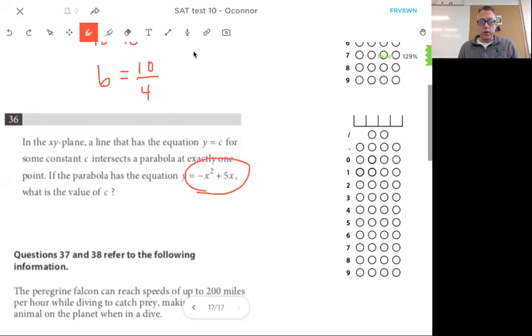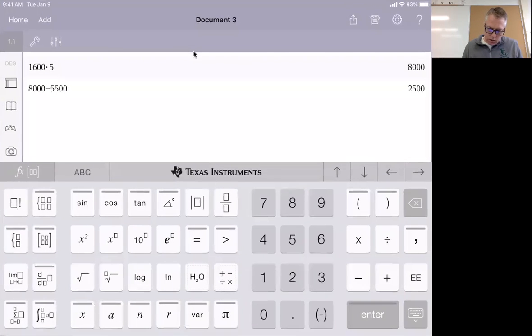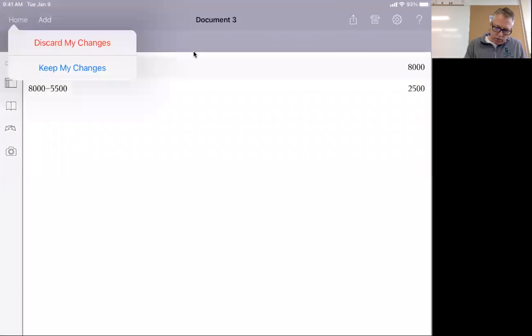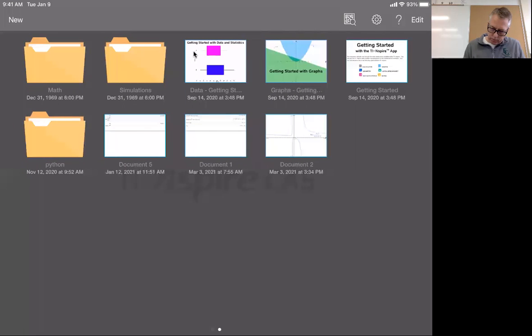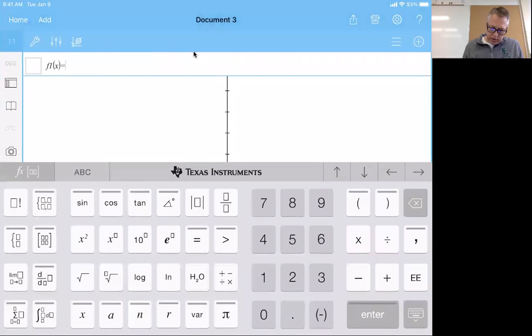So I'm going to use my calculator to do that. I could do the x equals negative b over 2a, but I'm going to use my calculator. So negative x squared plus 5x is our equation. So let me go to the graph, and it was negative x squared.